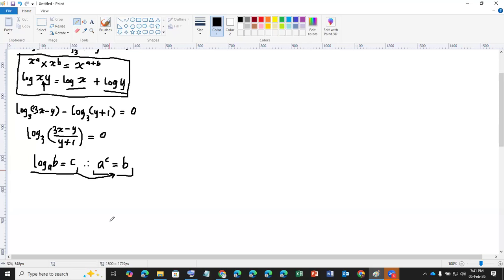Now I'm going to read it again as power. The power of b to base a is c. Did you notice anything there?